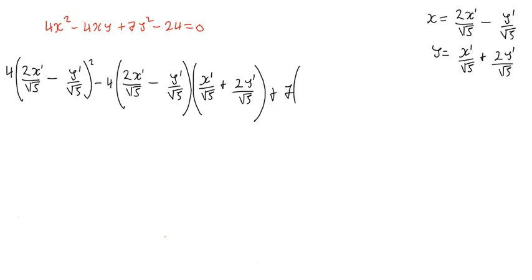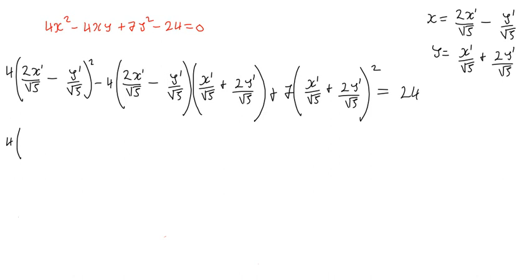Then I'll put the y in here and square it. Then this will be equal to positive 24. I'll take it to the other side. Like this. So now it's just a matter of expanding. I advise you to take it easy on this part. This question is time consuming, but just try to take it easy.